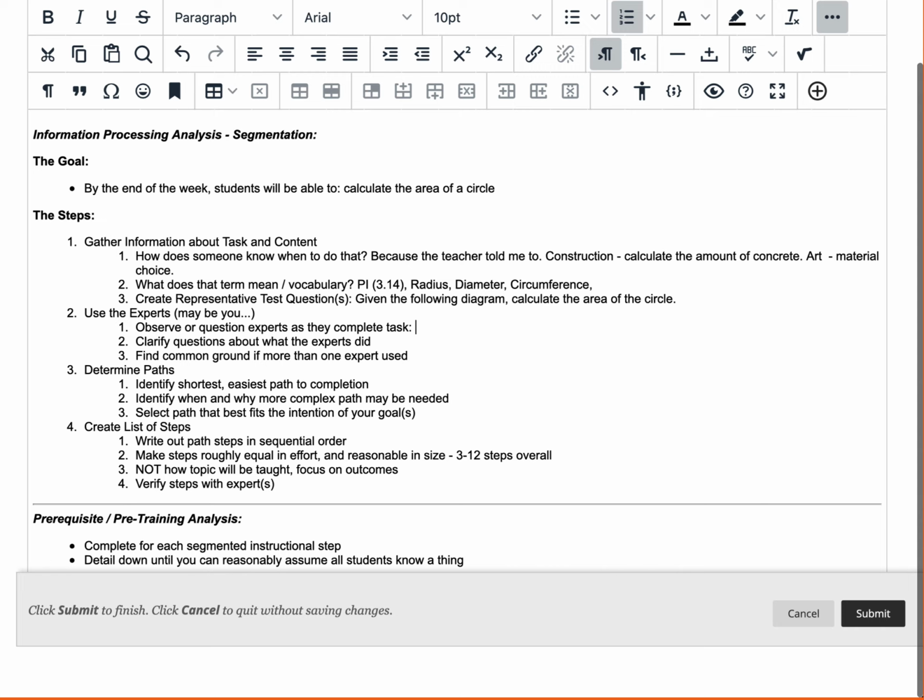One step that probably happens, and it already happened here, might be, one, remember the formula. You need to know which of all these math formulas that I've been taught do I need to remember to get the area of a circle? Is that pi r squared, or was it pi r cubed, or was that the 2r whatever? So that might be the first step.